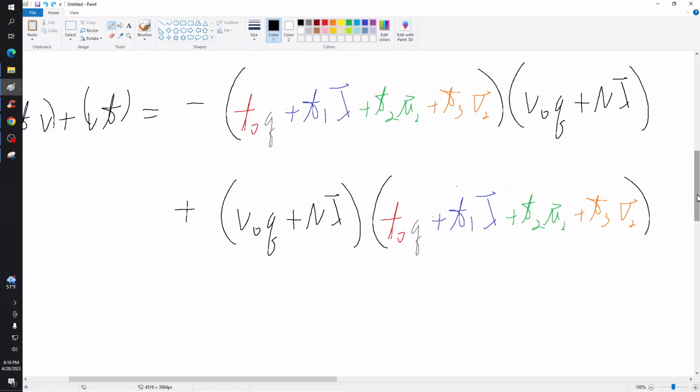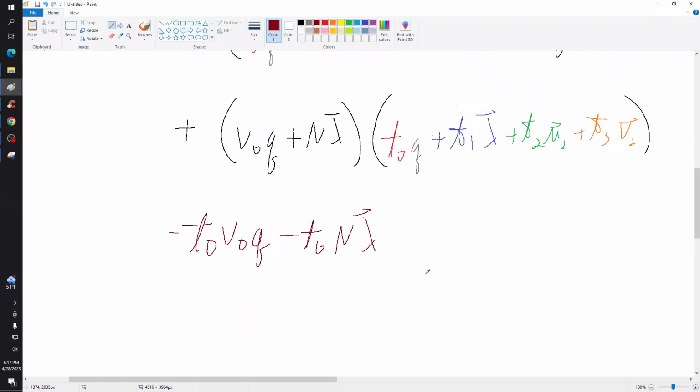Okay? So we're just going to write it out. You get, just to show you that it all cancels, T null, V null, Q negative, minus T null, N, well, Q times lambda is lambda, it's the identity vector. Okay, lambda. Then here, we're going to get V null T null. V null, well, real numbers are commutative, so that's the same thing, times Q. And then here we're going to get plus N T null.